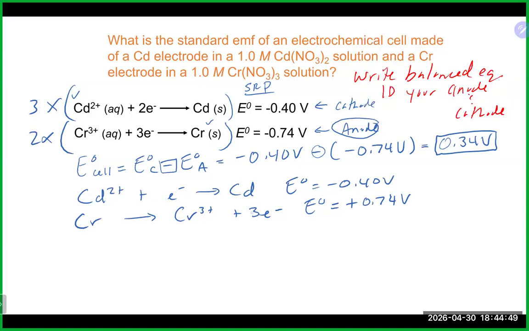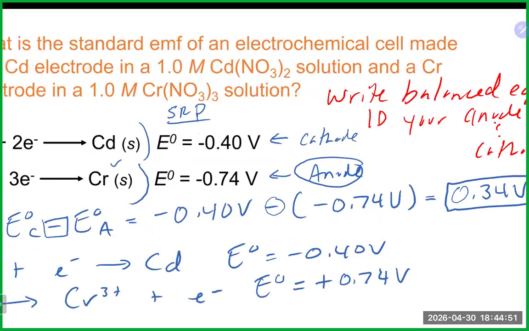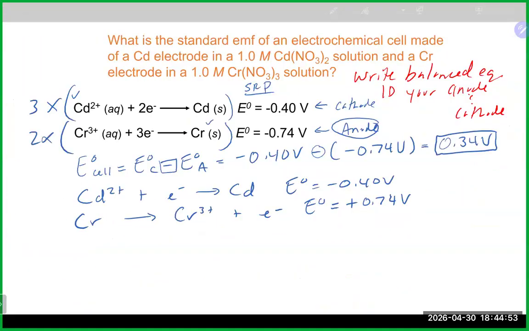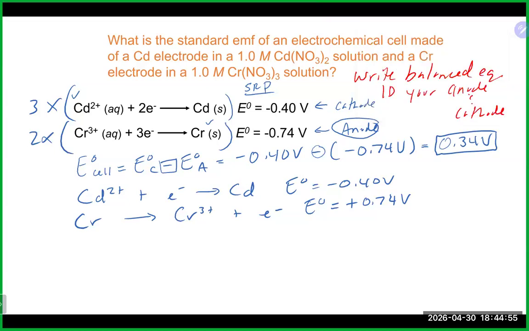So multiplying the top one by 3 will give me a 3 there, a 6 there, and a 3 here. Remember, multiplying that by 3 will not have any effect on the SRP value. Multiplying the bottom guy by 2, 2, 2, and 6 in this case, once again, will not have any effect on that right there.